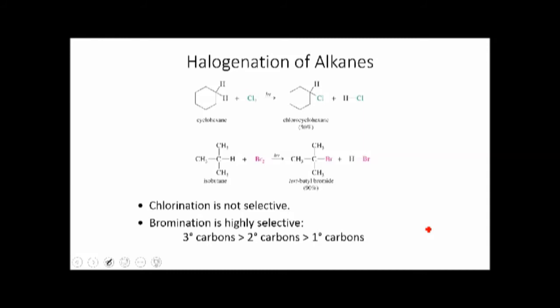These are the ways to make alkyl halide from alkane, that you will react them with a halogen, for example, chlorine gas, in addition to h nu, that is the light. For alkane you have to have this, or else your reaction will not move.